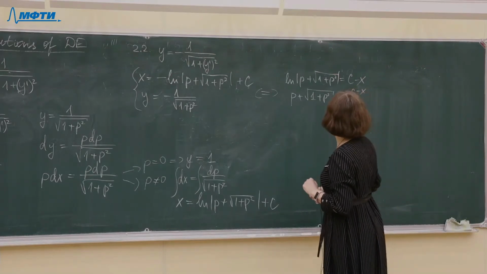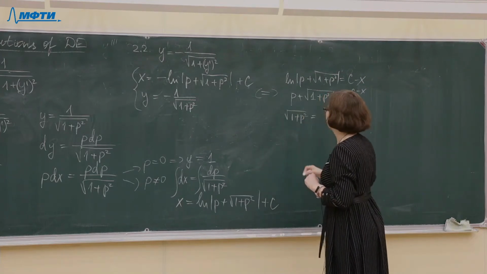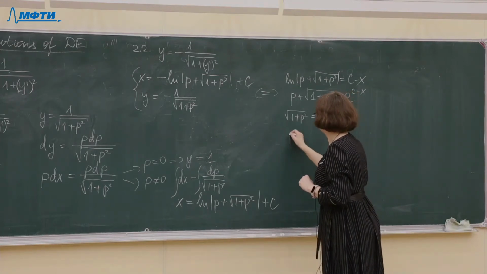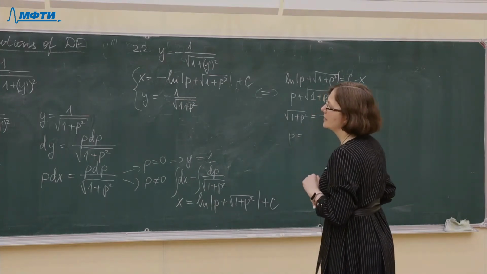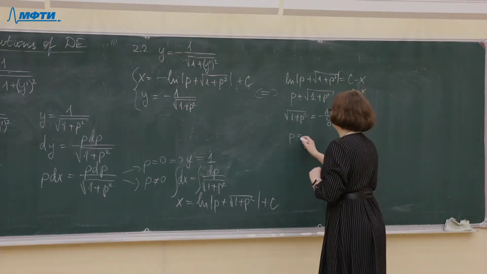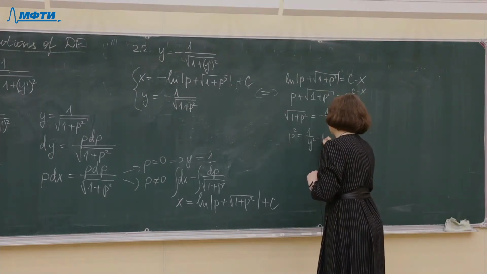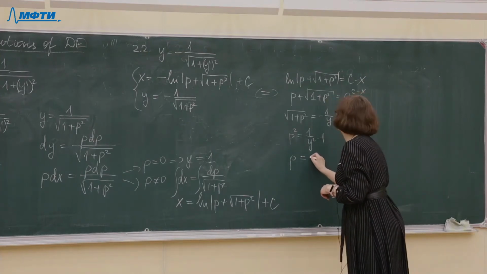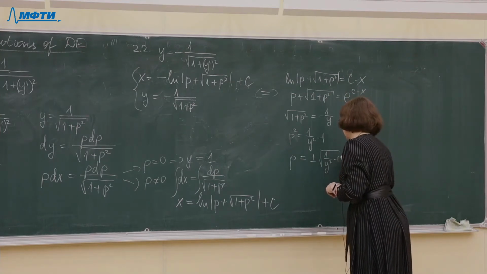And we can substitute, so root 1 plus p squared is equal to minus 1 over y, and p squared is 1 over y squared minus 1. P equals plus or minus root of 1 over y squared minus 1.